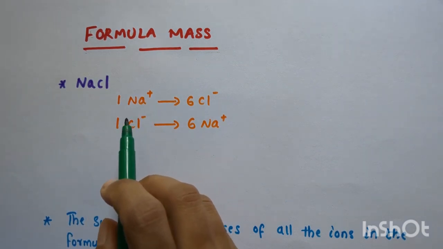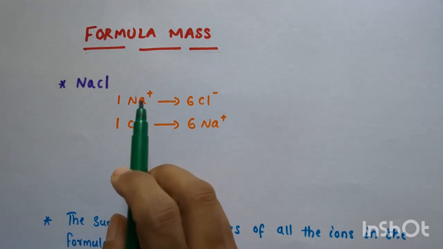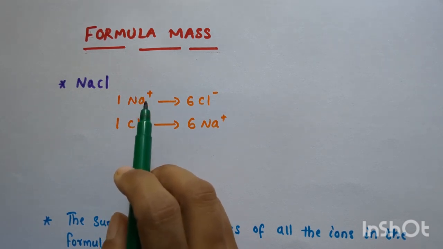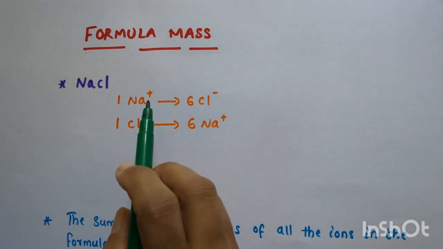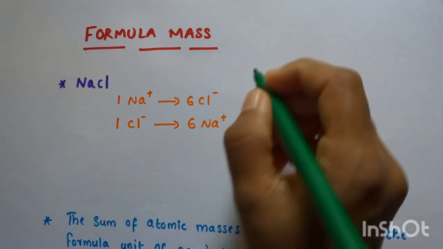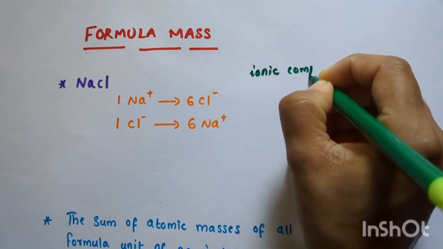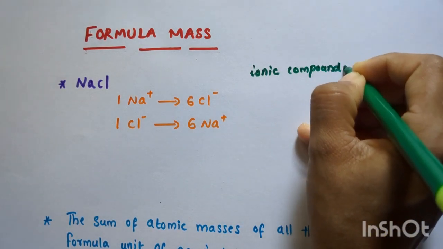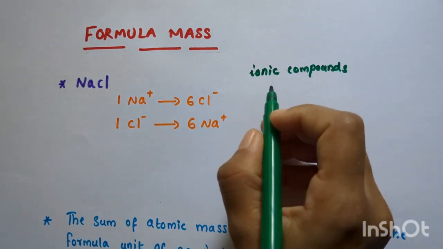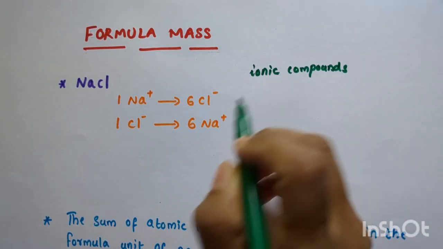There are some substances such as sodium chloride which do not contain discrete molecules as their constituent units. Their constituents will be ions like this. In such ionic compounds, positive and negative ions are arranged in a three-dimensional structure.